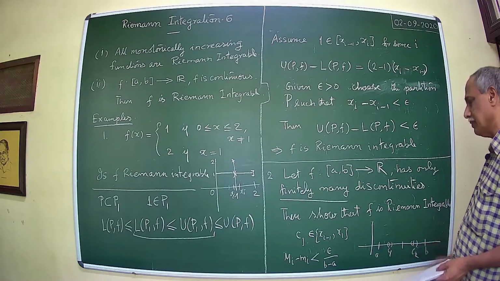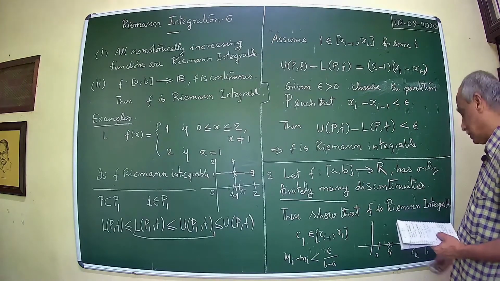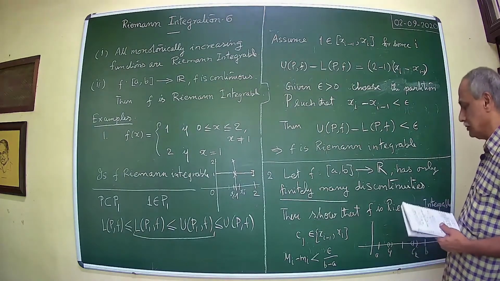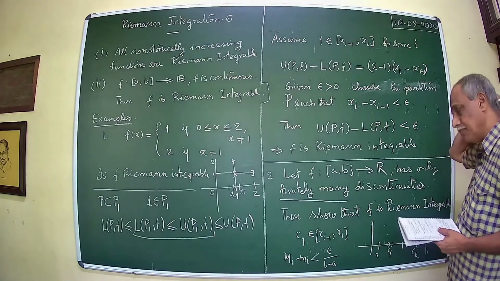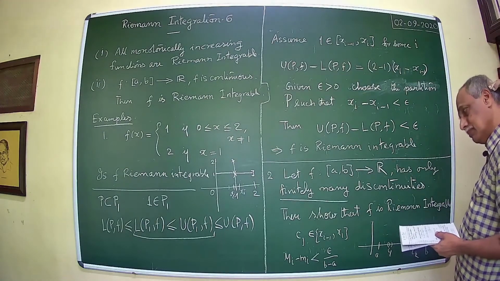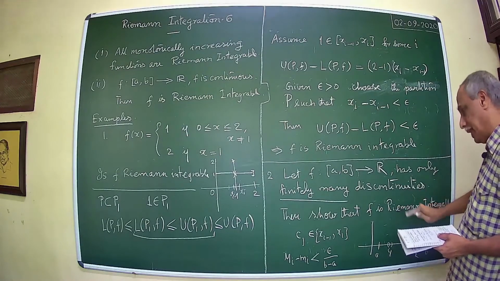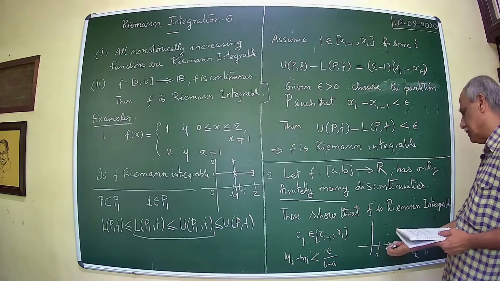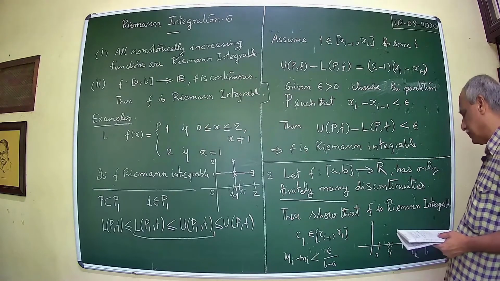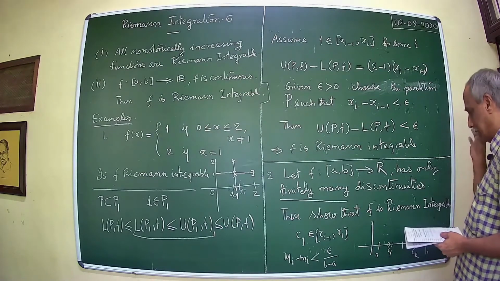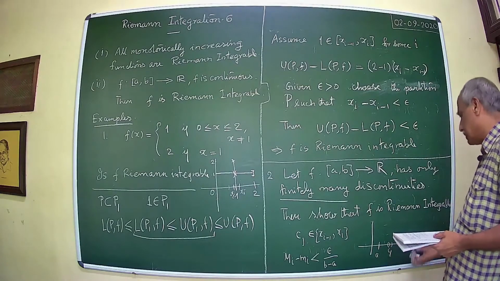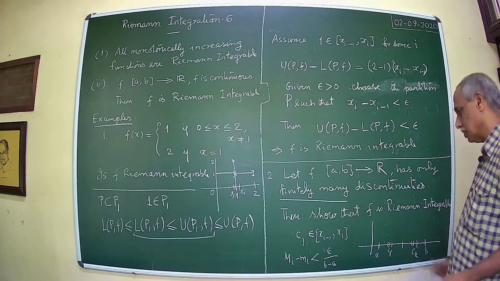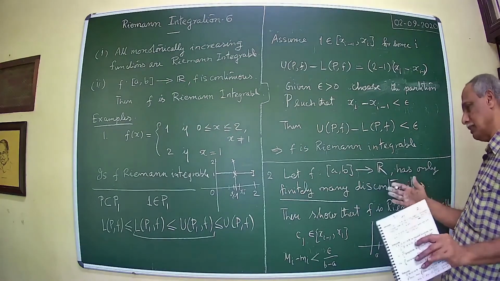So you can choose the interval length in such a way, and then over here on these k intervals you have f bounded by the max M and small m. So there you control the width. How do you control the width? Control the width in such a way that the total length of this is something like a multiple of epsilon. That is possible. So you get the upper sum, lower sum, and the difference.